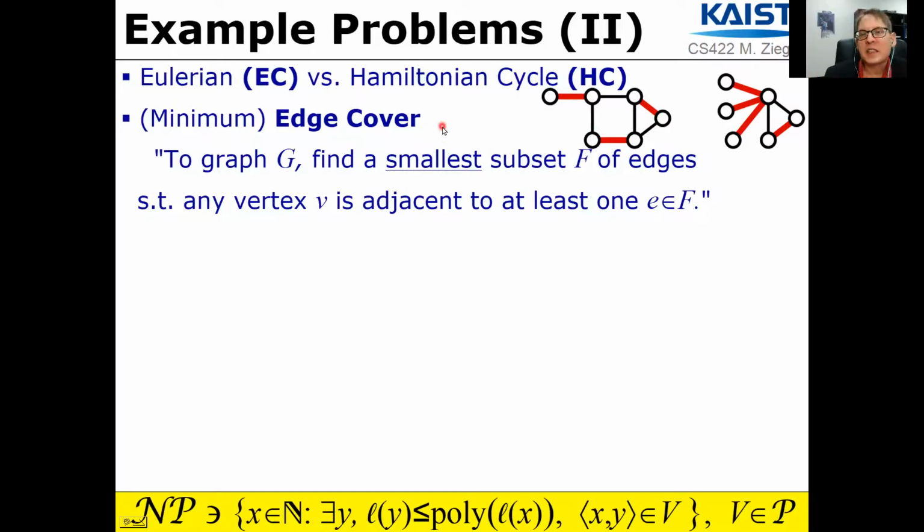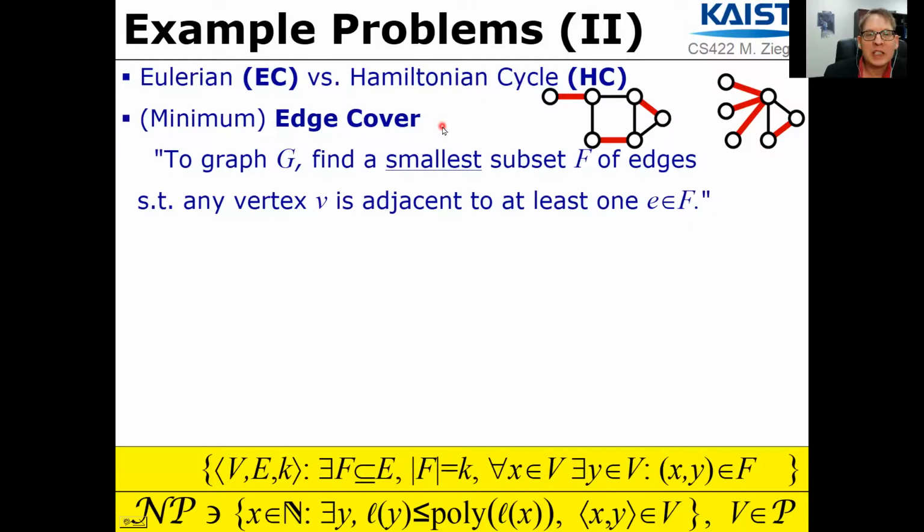And as I said, this is a minimization problem, and we turn it into a decision problem in the following way, by considering the following set: an encoding of the set of vertices of the input graph, an encoding of the set of edges, and an encoding of an integer k, where the question is, does there exist an edge cover of size at most k?